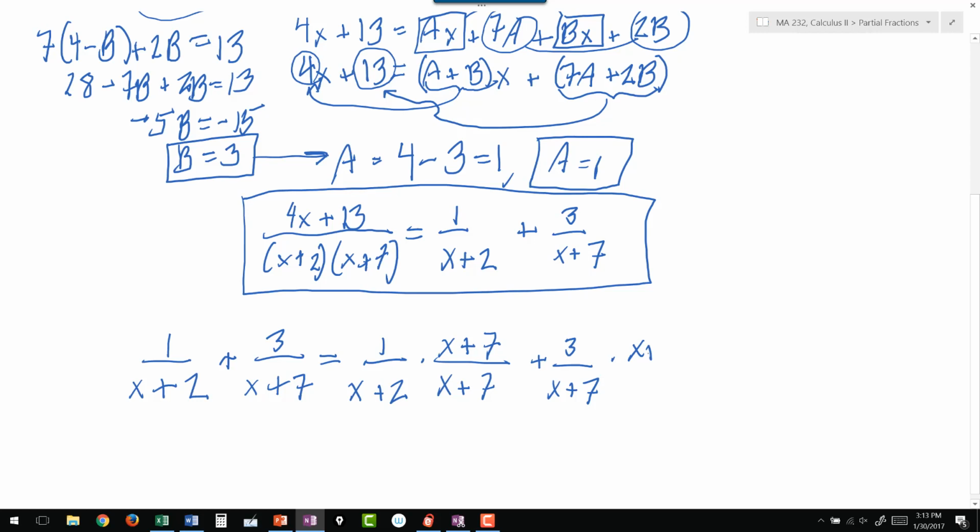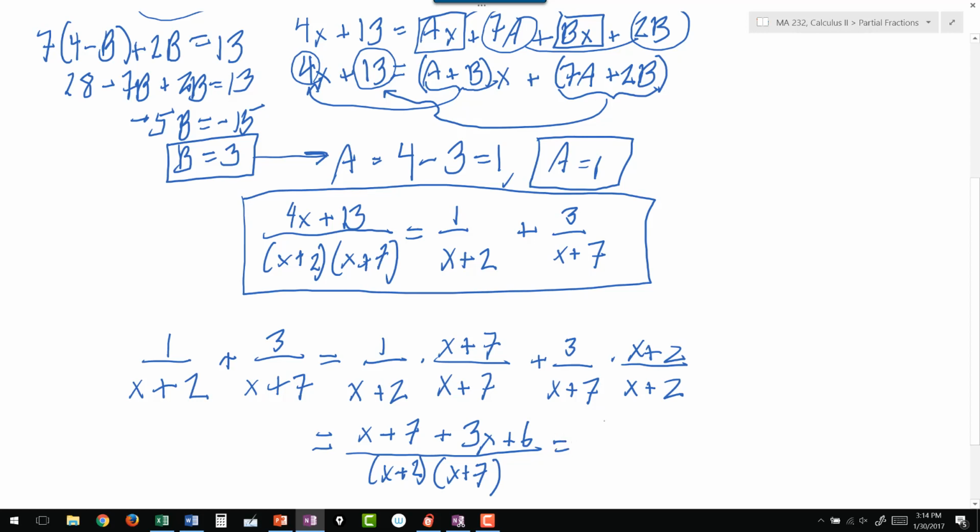Getting a common denominator here, I would multiply top and bottom by x plus 2. That gives me x plus 7 plus 3x plus 6, all over my common denominator of x plus 2 times x plus 7.